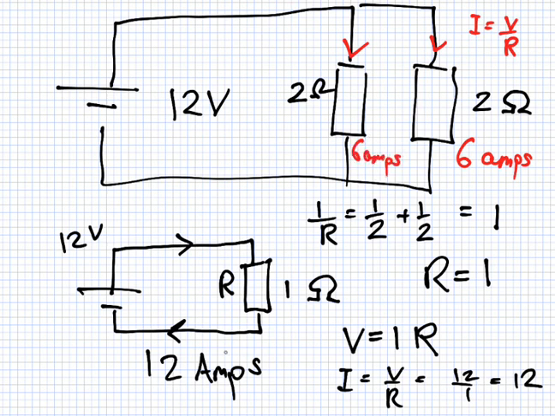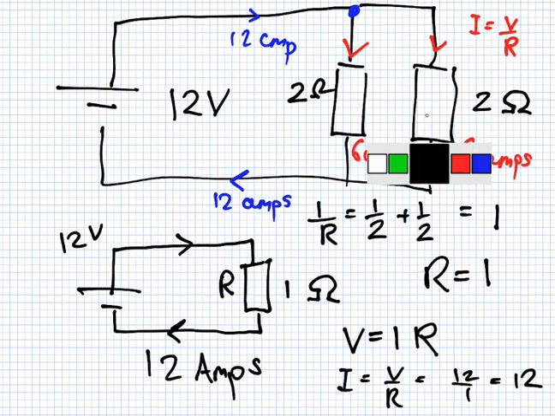But what did we say the total should be? It's 12. So what's happening with the amps is you had 12 amps, and then when it hits this here, it splits 6 amps in the first one and 6 amps in the second. And the reason it's the same is because they're both the same resistors.